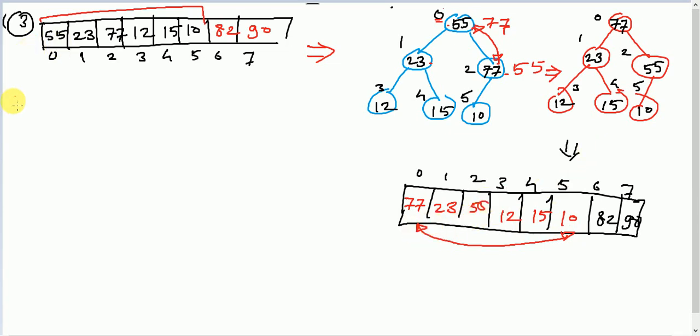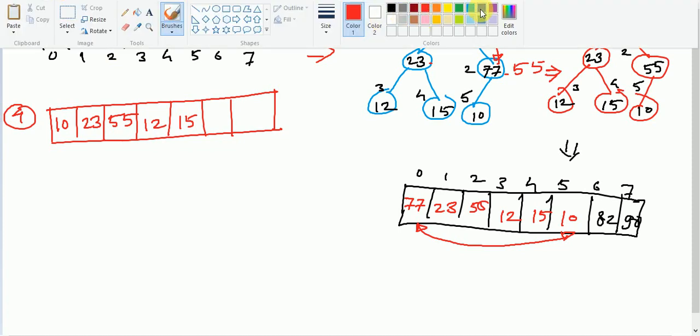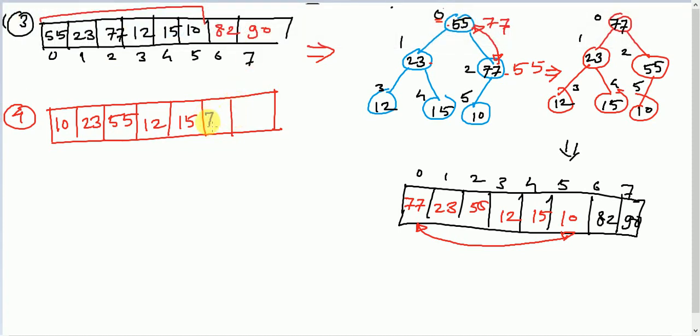So after swapping this, for the fourth step the input array will be: at the place of 77 the 10 will come, then 23, 55, 12, 15, and then 77, 82 and 90.